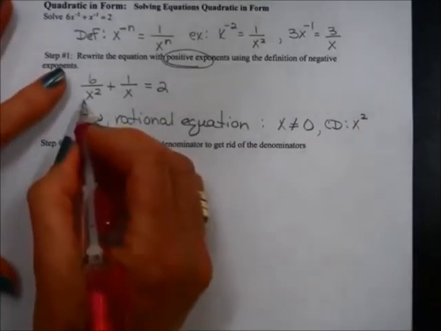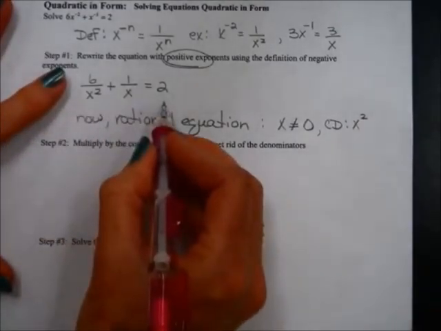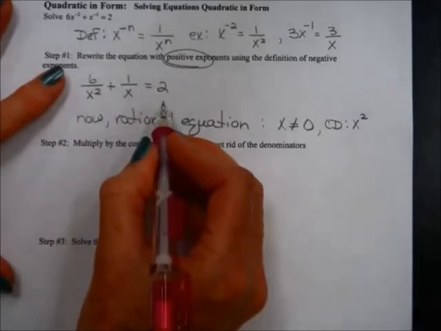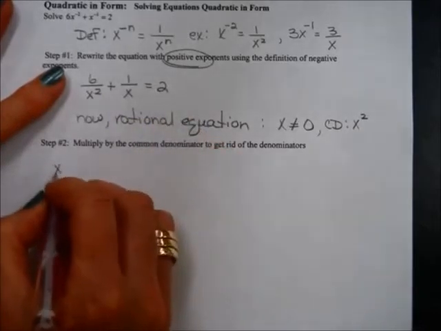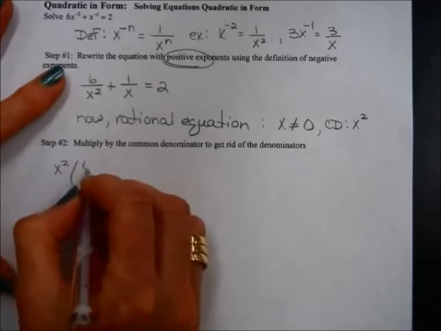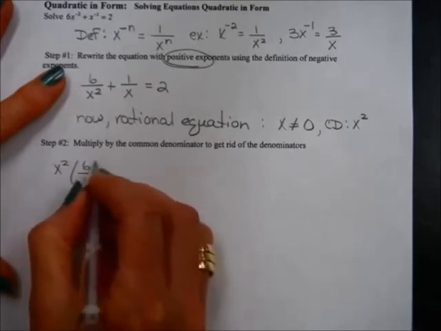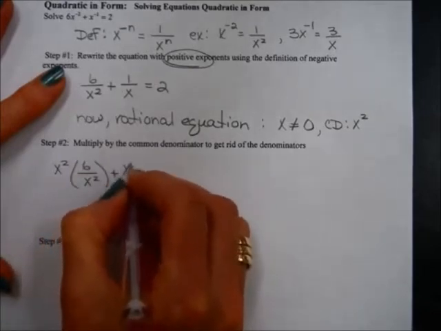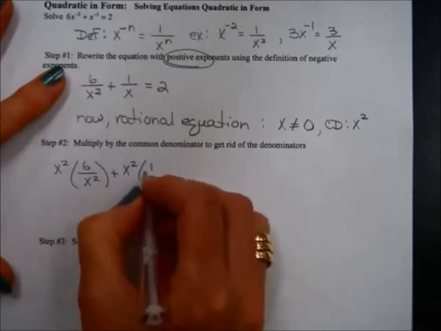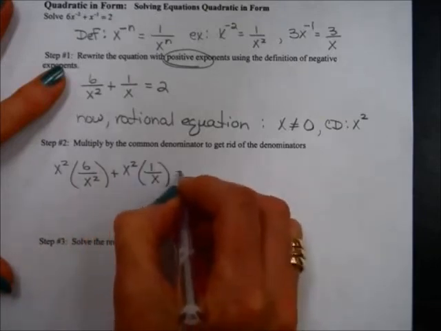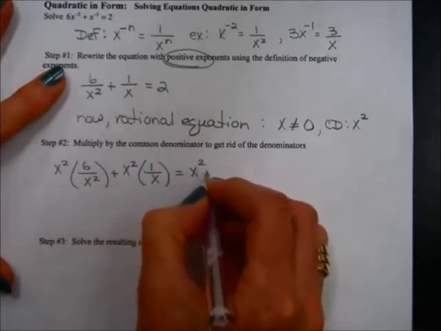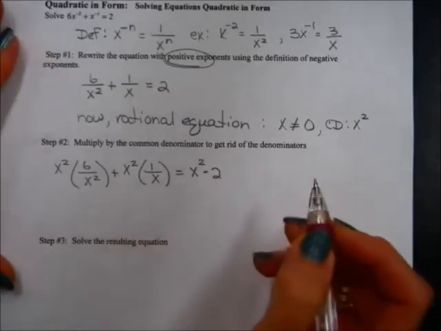So what you're going to do is multiply every term in here by x squared. So x squared times 6 over x squared plus x squared times 1 over x equals x squared times 2.